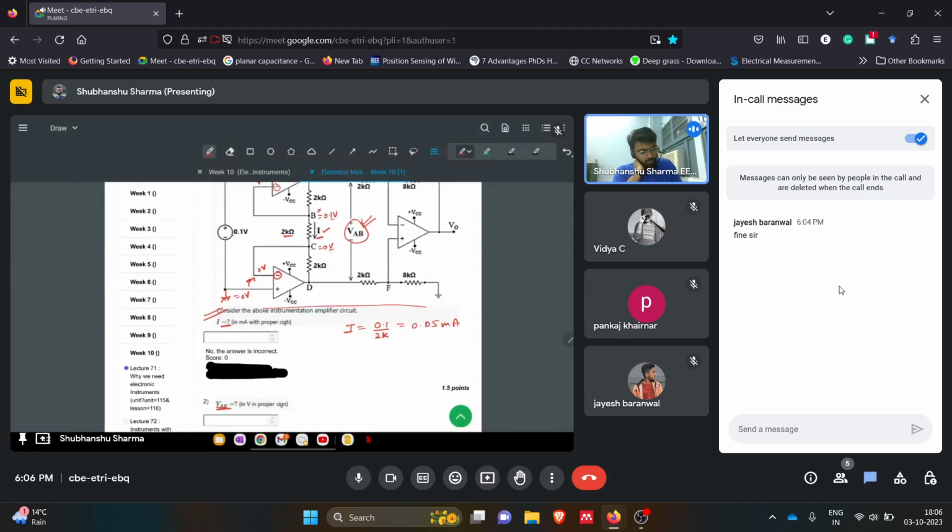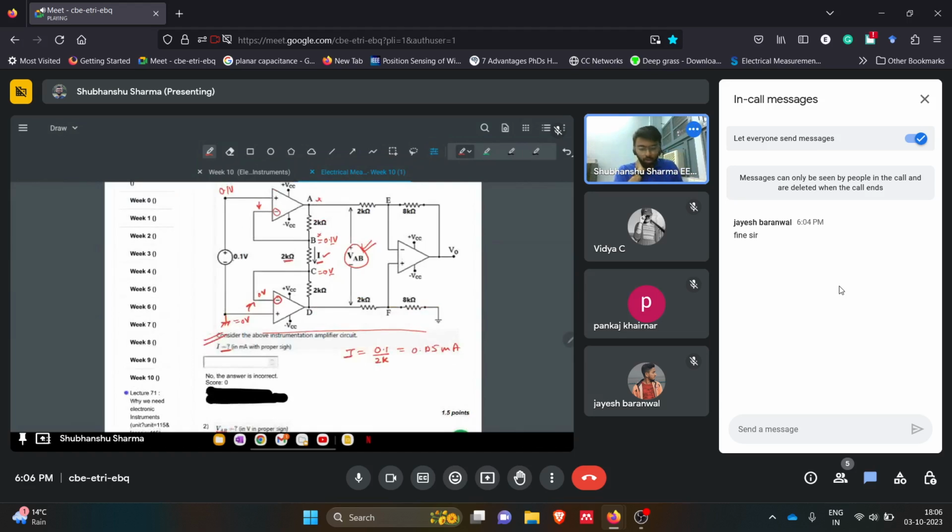Okay, so this VAB is the drop across this whole AD branch. Now we have 0.1 volt here, so we know the drop across this branch. One common thing in all three parts of this branch is that the current is constant.